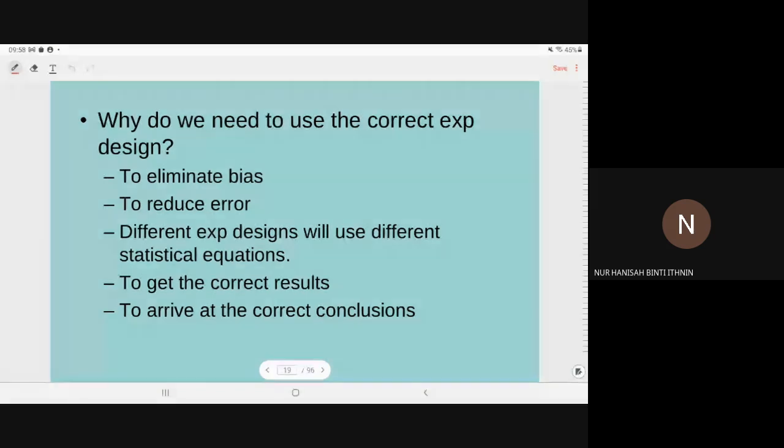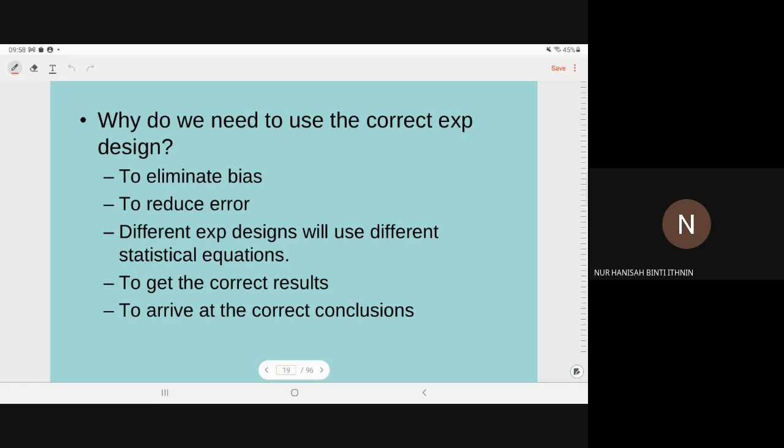And then also to reduce errors. Errors will always be there, we cannot eliminate errors, but what we can do is to reduce them. As all of you know, errors are many: personal errors, experimental errors, and other types of errors. But by having the correct experimental design, we will be able to minimize this.